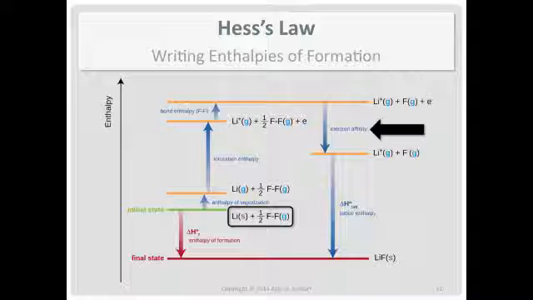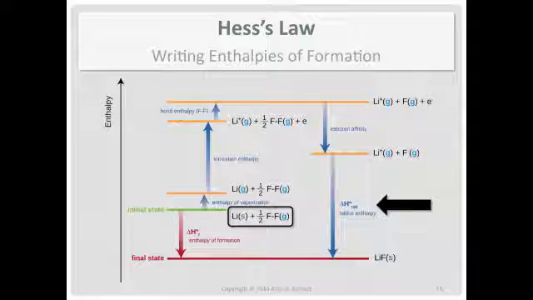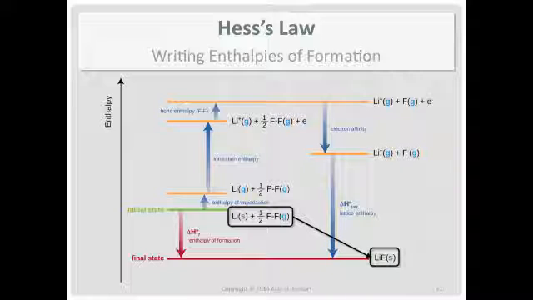We have lithium gas and fluoride gas. So if we put these together to make solid lithium fluoride, that's an exothermic process. This is a cycle from beginning to end. So the enthalpy difference between the initial and the final is an enthalpy of reaction, and since we wrote the reactants and the product in a special way, it becomes an enthalpy of formation.